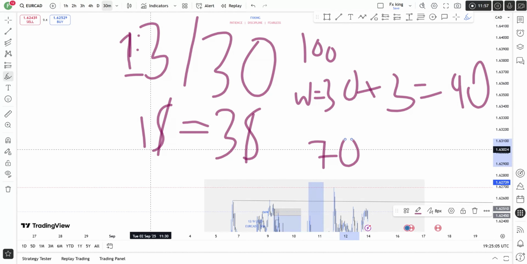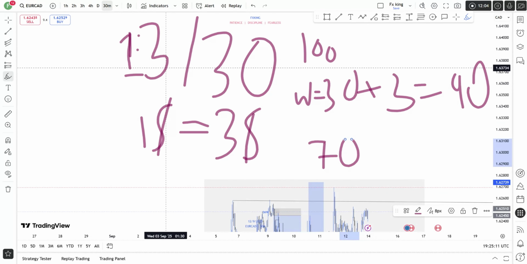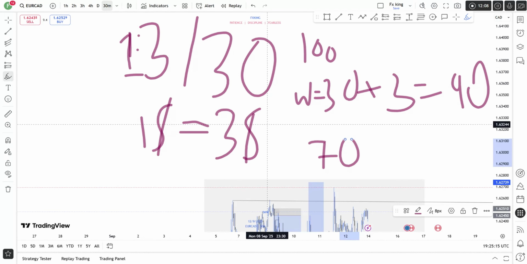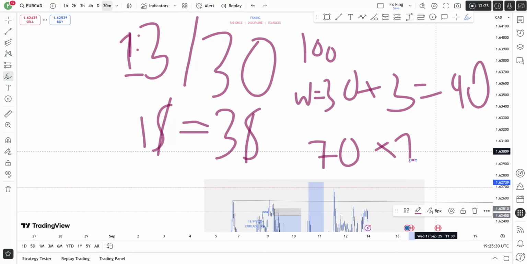Now, in these 70, you risk $1 per trade. Remember, in the winning ones you risked $1 and you won 30, meaning you won at 1:3. But in these you risk only $1. So inside 100 you have lost 70 trades. You take this 70 times one, which gives you $70.